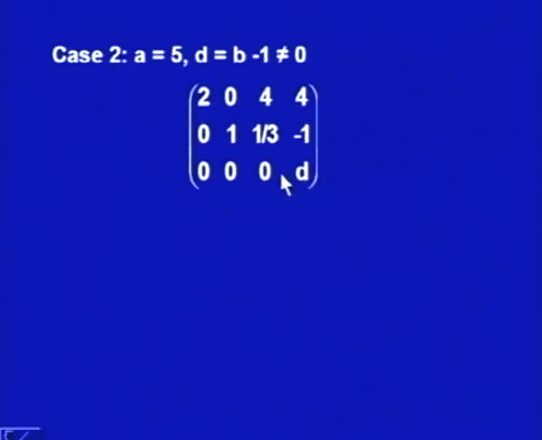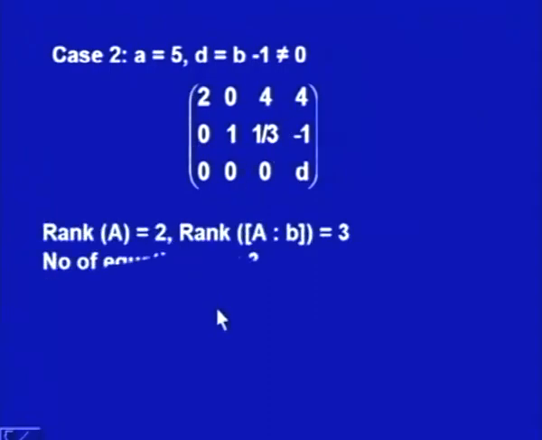So, that means that rank of matrix A cannot be 3, because this row is going to be 0, but there exists a non-zero entry in the augmented matrix. So, the augmented matrix has rank 3, but the matrix A has rank 2. So, this system is not consistent.